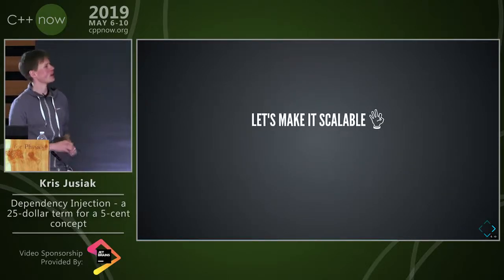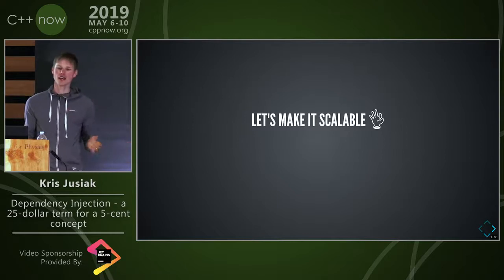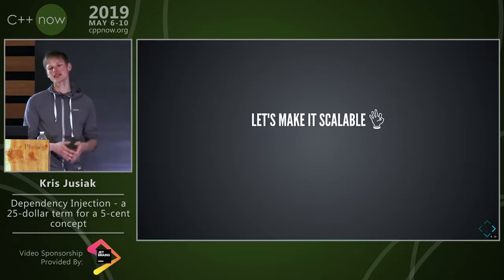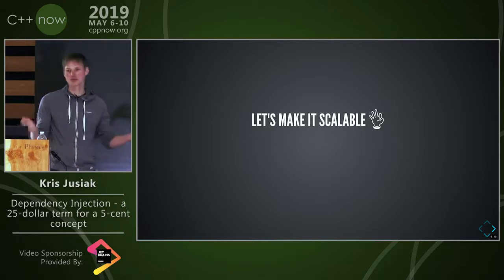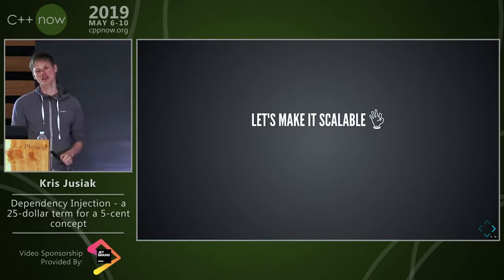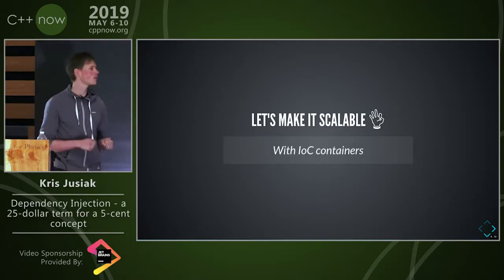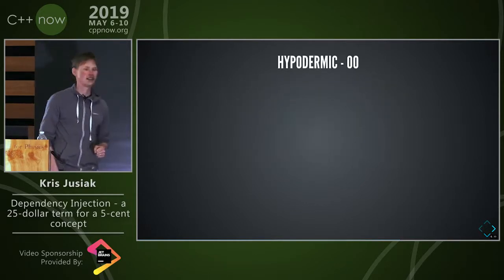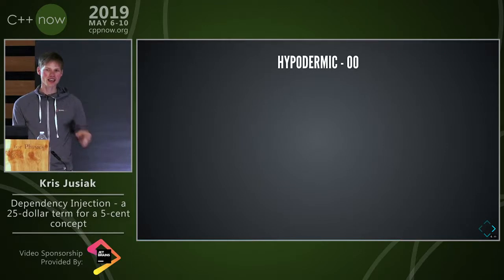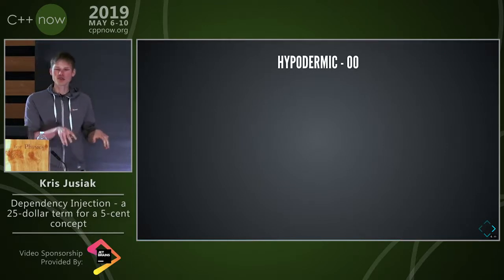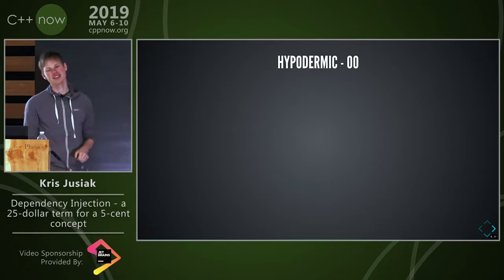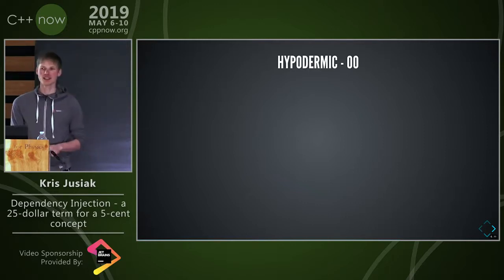OK, so as I pointed out, our code wasn't so scalable, in my opinion, because of this wiring, as was pointed out by all the audience. So let's try to make it more scalable with the containers. A warning, it might not seem more scalable in the beginning, so just bear with me till the end, and we'll see some benefits.